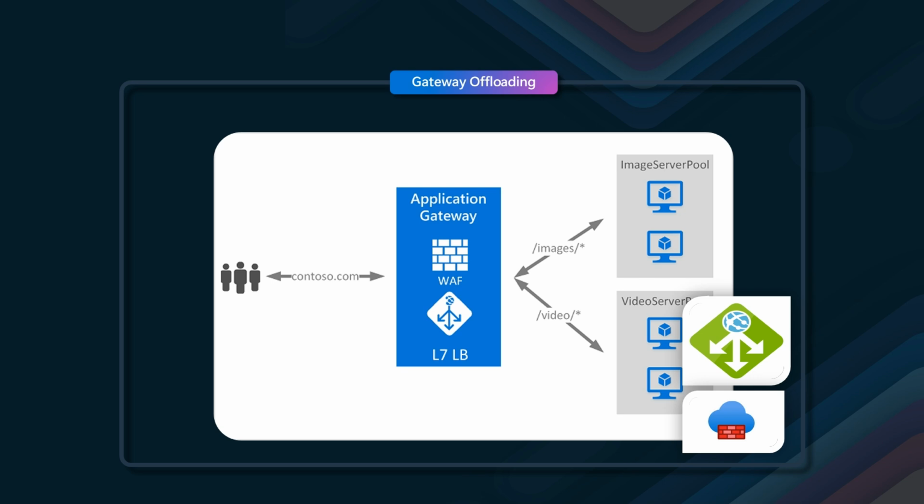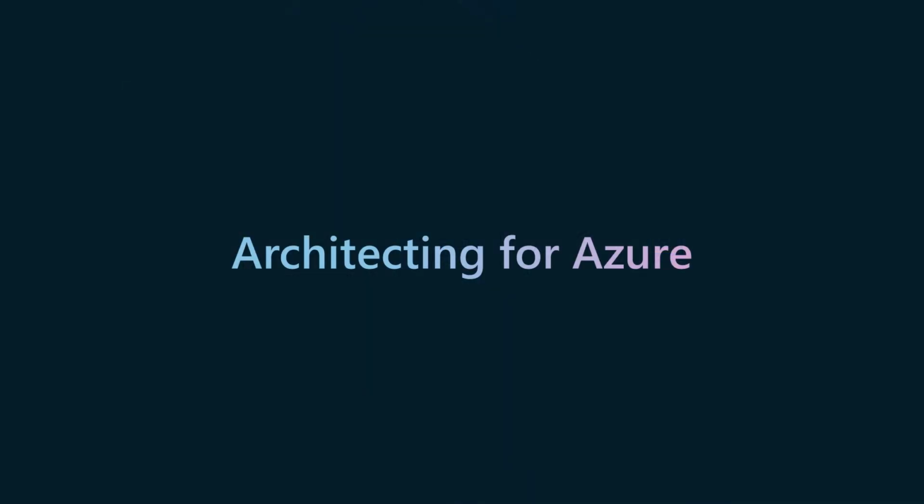This architecture allows us to scale our backend server pools independently, accommodating increasing traffic demands without compromising performance. In conclusion, our gateway offloading solution is a pivotal component of our infrastructure, providing robust security, enhanced performance, and scalable resources to meet the dynamic needs of our users.